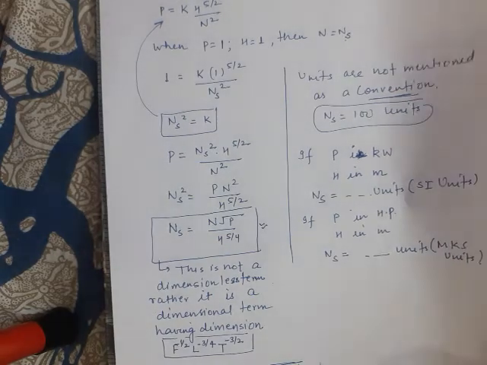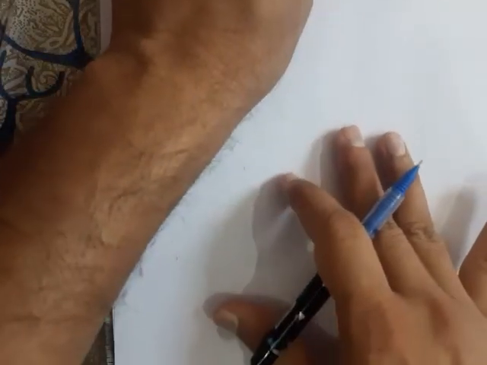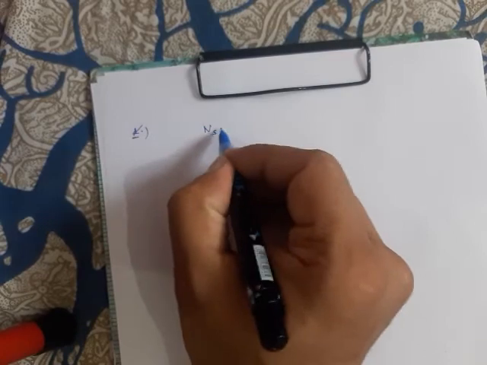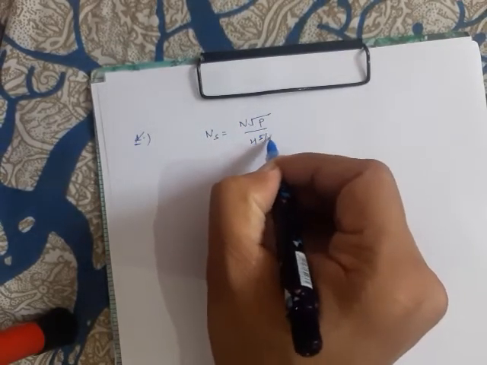Please note 2 or 3 points over here. The formula of the specific speed is independent of the diameter of the runner. First point, very important. Let me first write the expression for the specific speed: N root P over H raised to power 5 by 4.